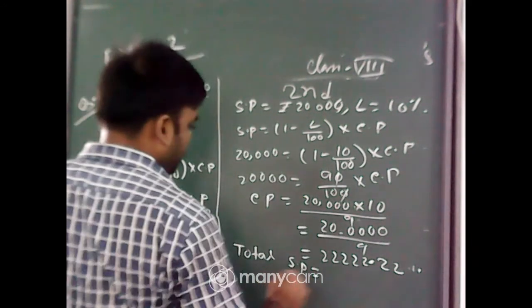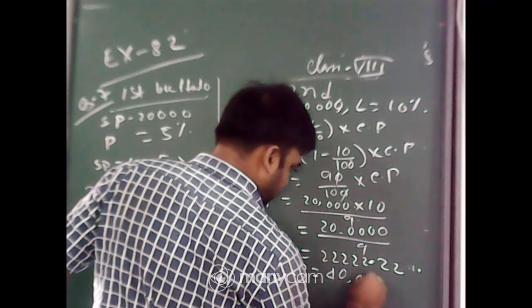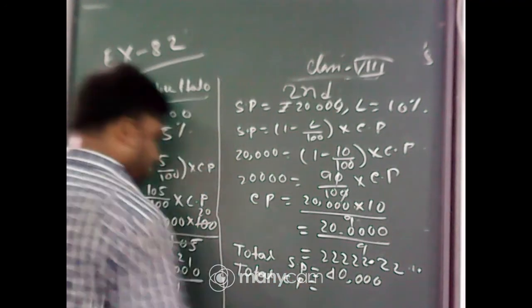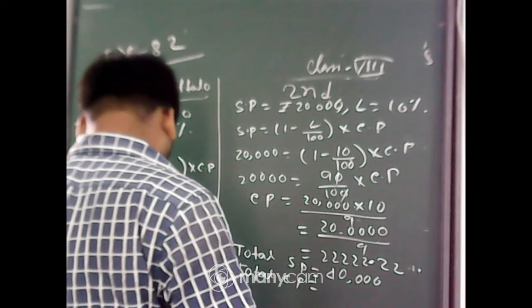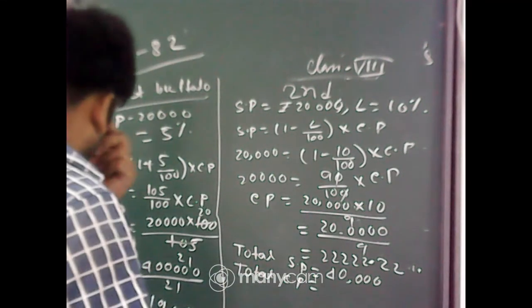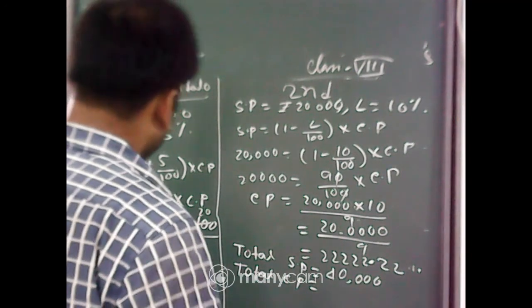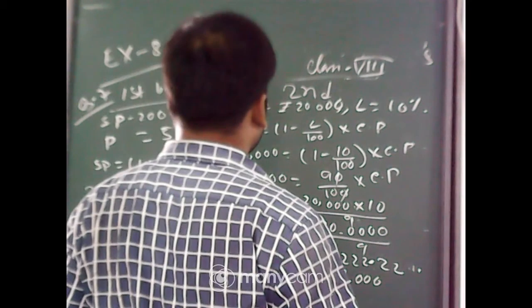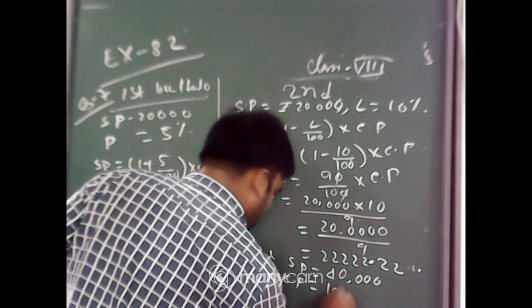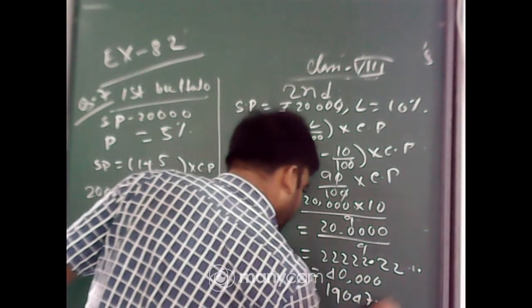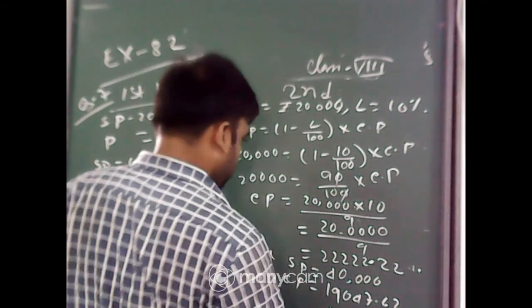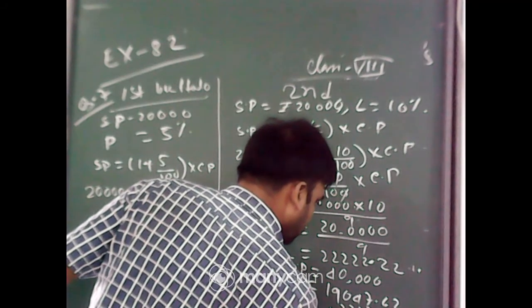Okay. Total SP equals 40,000 and total CP equals 19,047.62 plus 22,222.22.